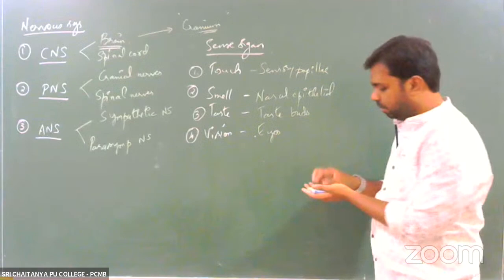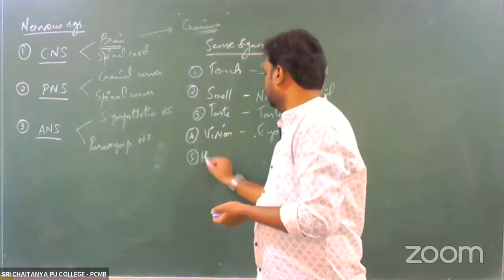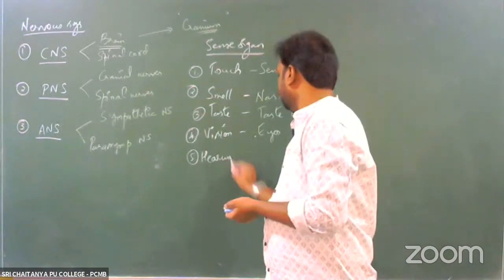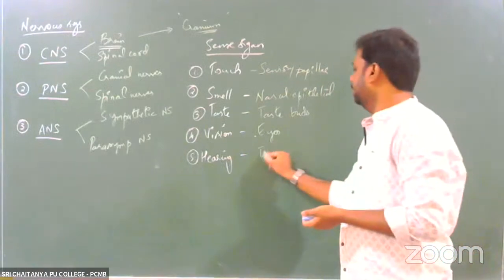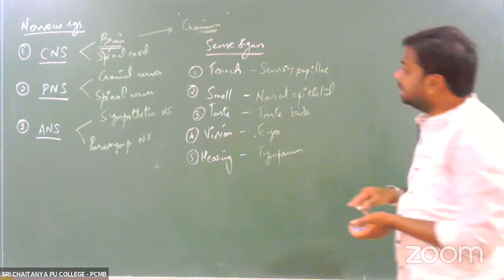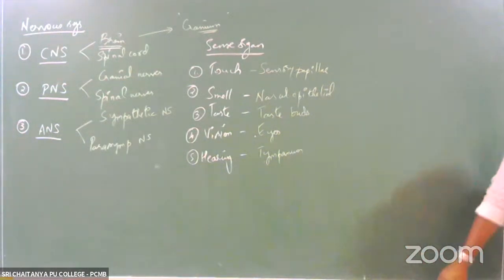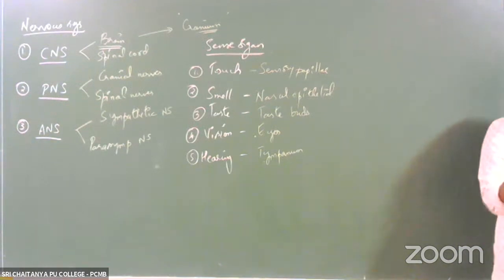And the last sense organ, number 5, is with regard to hearing. For hearing, the sense organ they have is the tympanum. We know that these organisms do not have external ears, so the tympanum represents the ears in these organisms, which is a part of the middle ear.